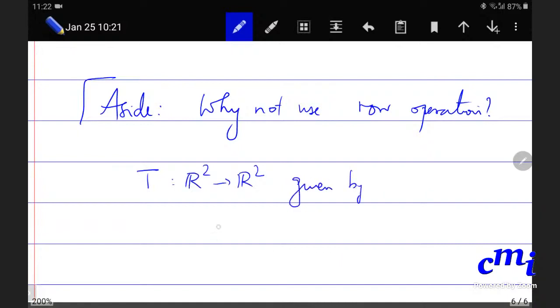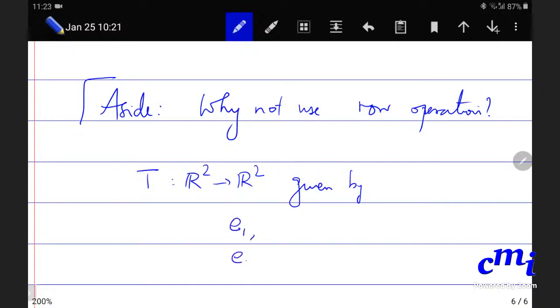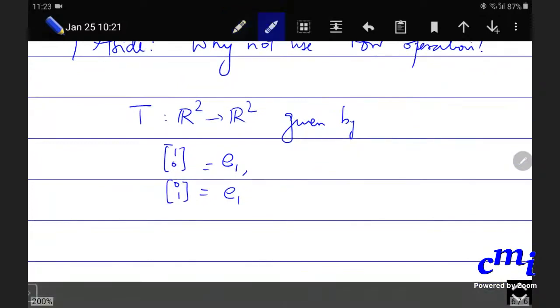So we will use E1, E2 for the standard basis. This is sort of a standard notation. If you take Rn as column vectors, then E1 denotes the column vector with 1 at the first position, E2 at the second position, and so on.